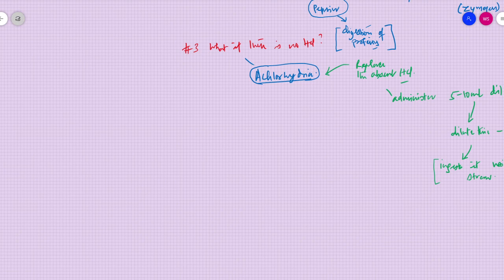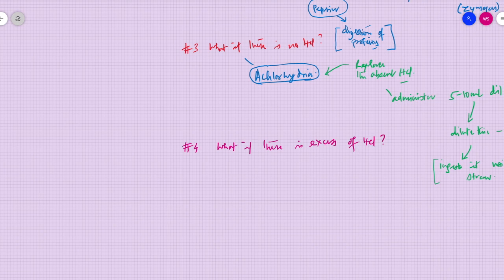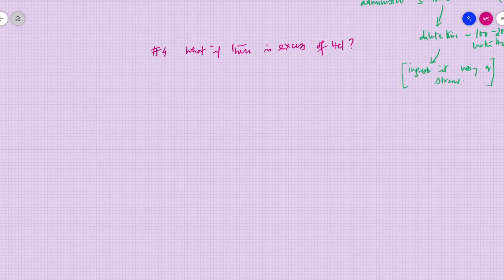Now the question is, what if there is excess, if there is increased HCl production, what would happen? If we look at the stomach, again a diagrammatic representation of the stomach, if there is excess of HCl, it can have two consequences.